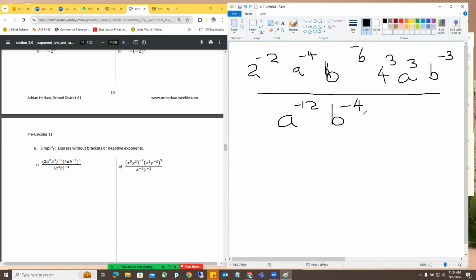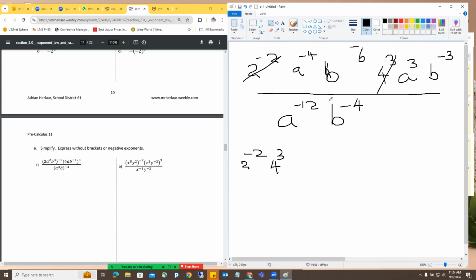So here we have 2 to the power of -2 and 4 to the power of 3.